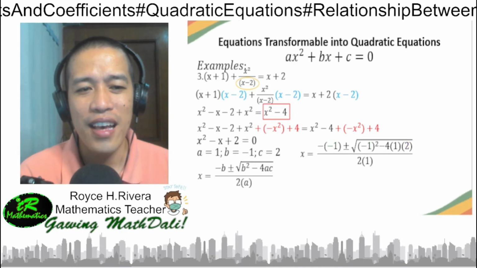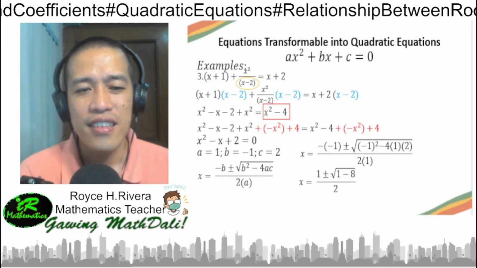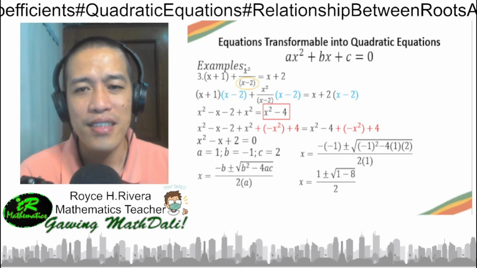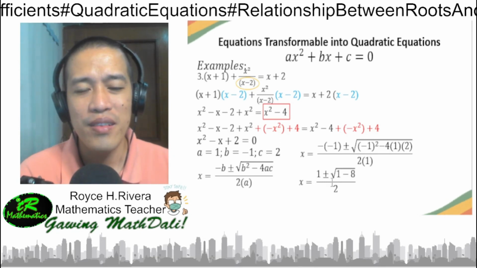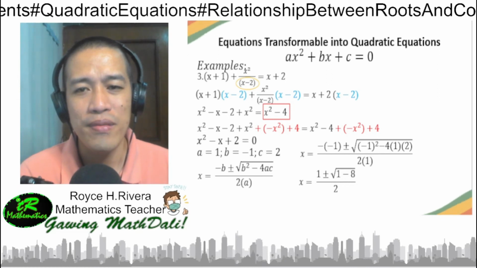So I will have now the equation x equals 1 plus minus the square root of 1 minus 8 all over 2.